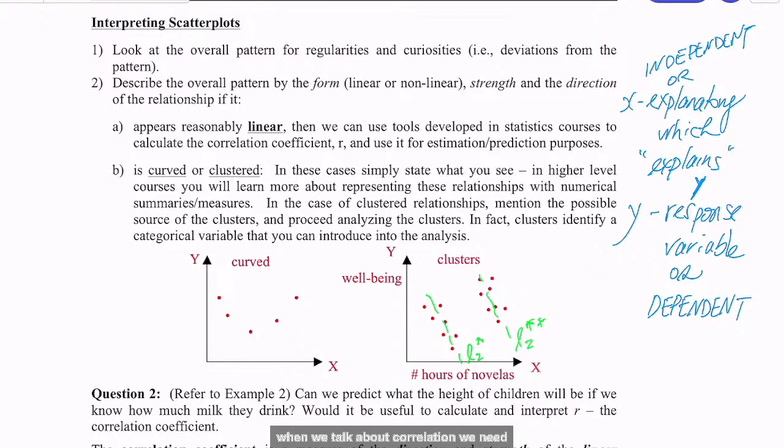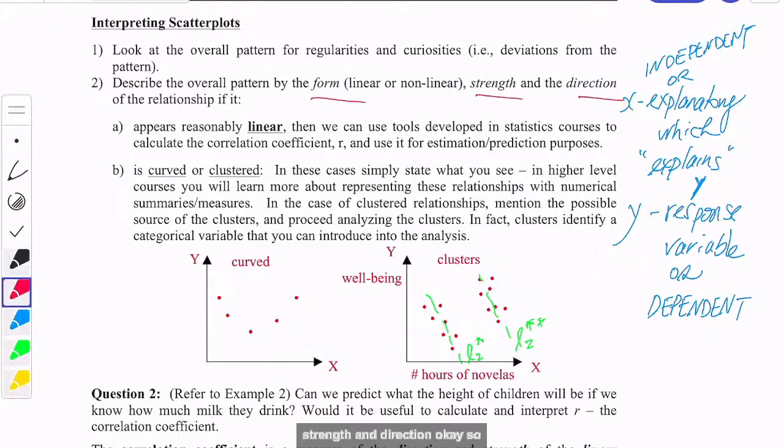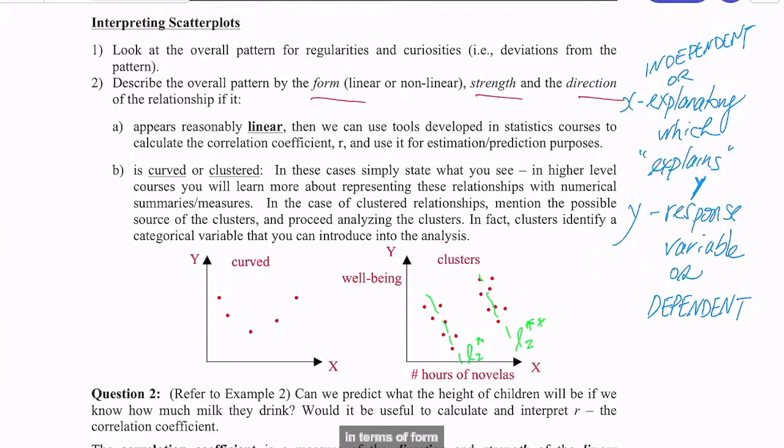When we talk about correlation, we need to talk about form, strength, and direction. Okay, so in terms of form, strength, and direction, it's very important, it's critical which one you pick.